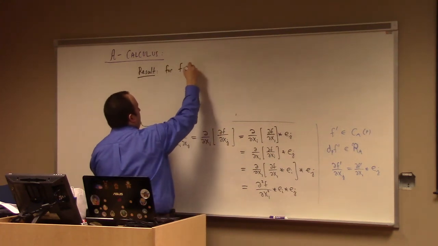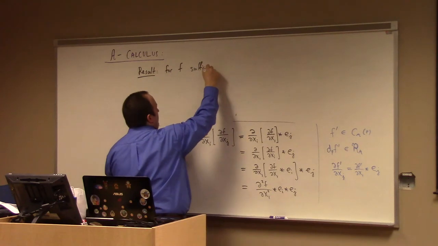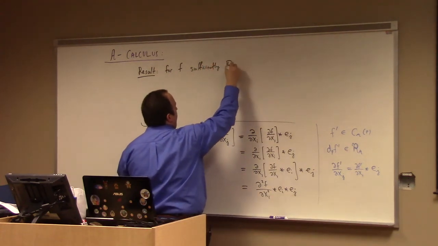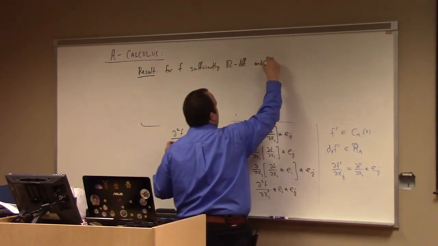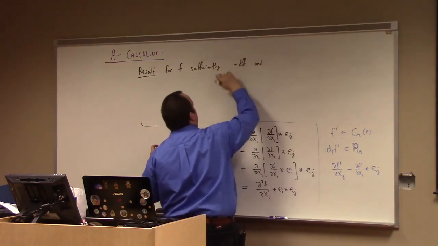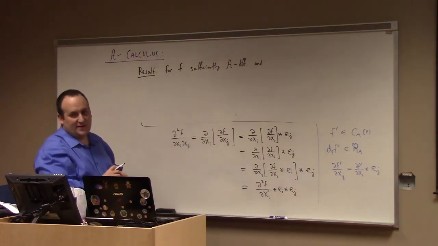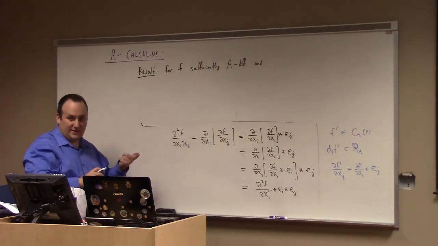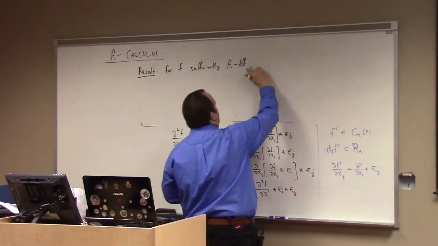For f sufficiently real differentiable, well, we might as well just say A-differentiable. We've learned our lesson. If it's real differentiable, then it's automatically A-differentiable. If it's even once A-differentiable, we have the following.